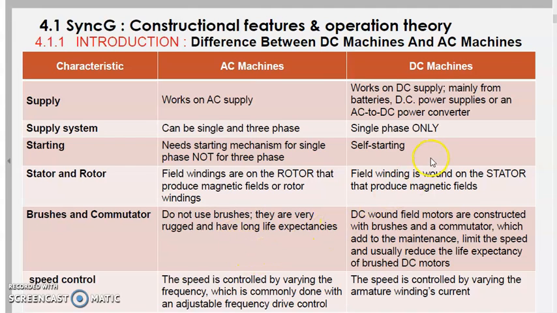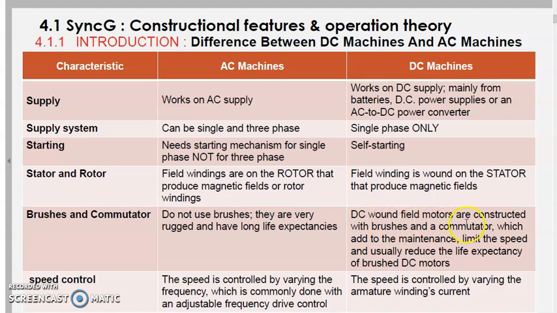But for the DC machine, we need so-called brushes or a commutator to keep providing the same pole or the same terminals. Let's say we put a positive to the terminal, so we have to keep the positive terminal alternately, and so we need brushes.